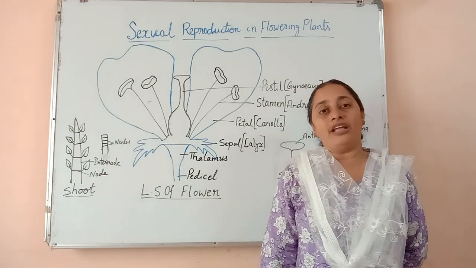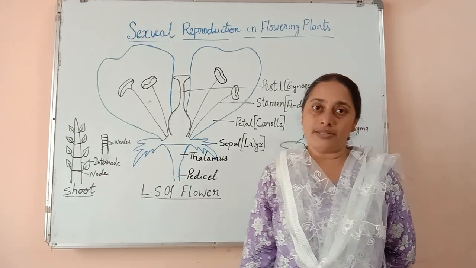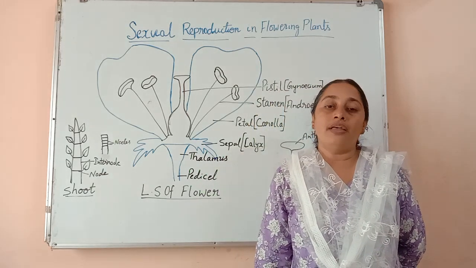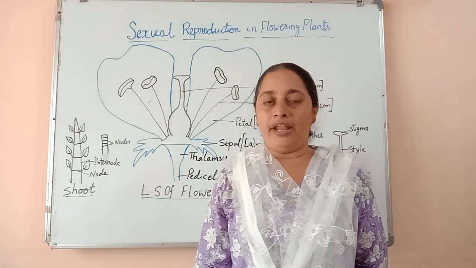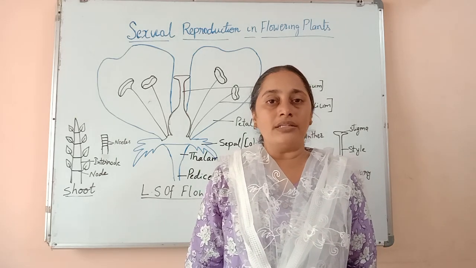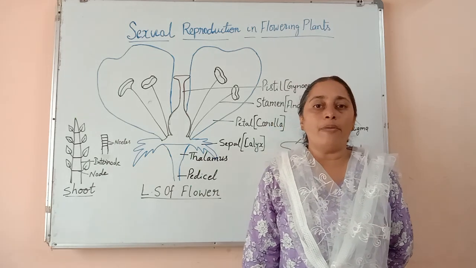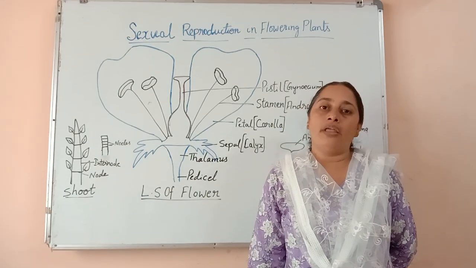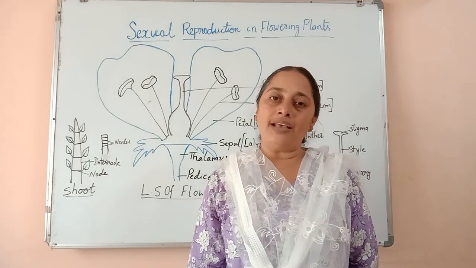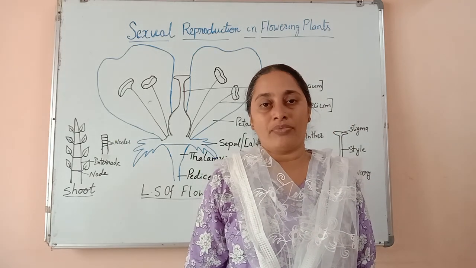Similarly, we have the second type of reproduction, that is asexual reproduction. Here we see there is a single parent involved in reproducing new progenies. So as a result of this, whatever progenies we are going to get, they all have the same genetic composition as that of the parental plant.